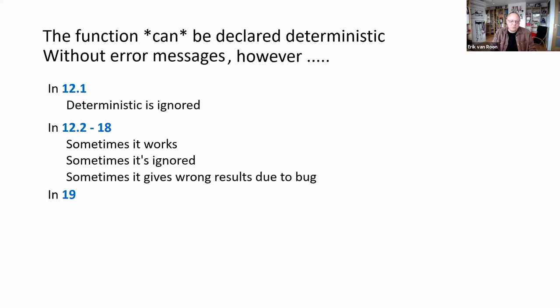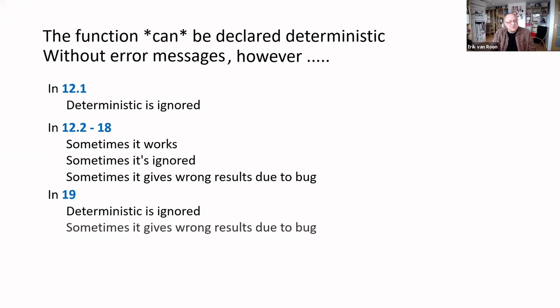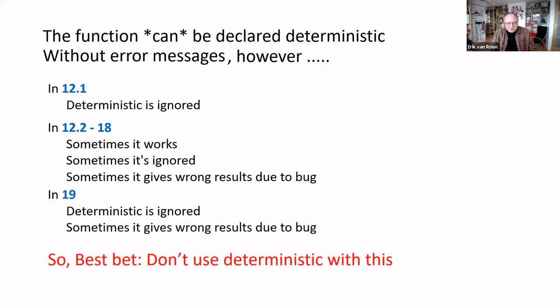So with just this in mind, I would already say just don't use deterministic, at least not in a function in the with clause. And then in 19, well, deterministic is ignored again. Well, that's one way to solve the bug, I guess, but unfortunately, the bug is still there. So let me stress again, just don't use deterministic with a function in the with clause.